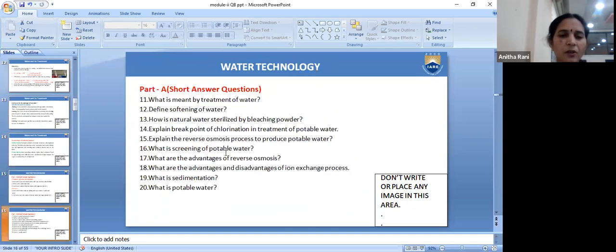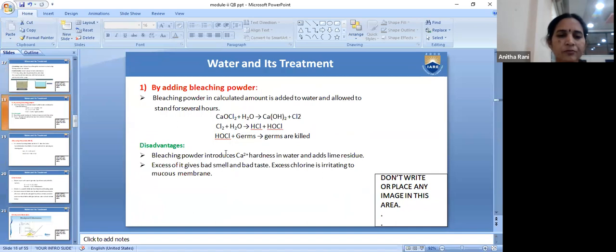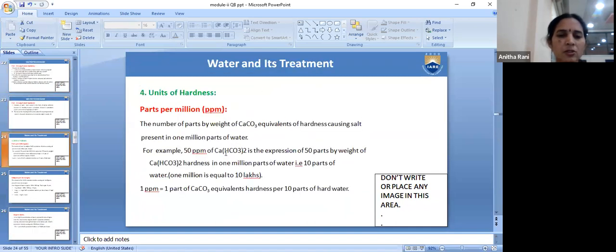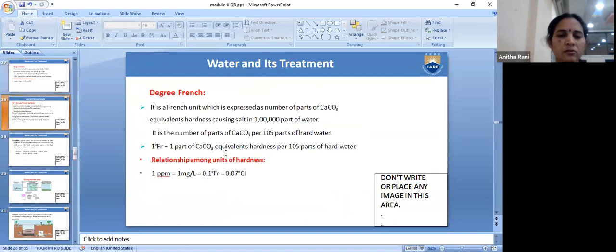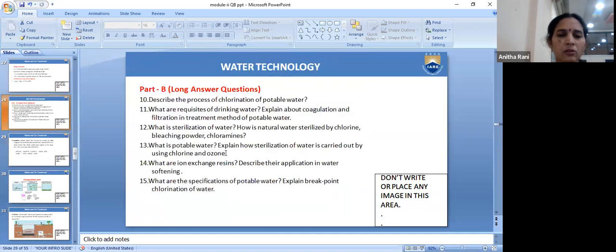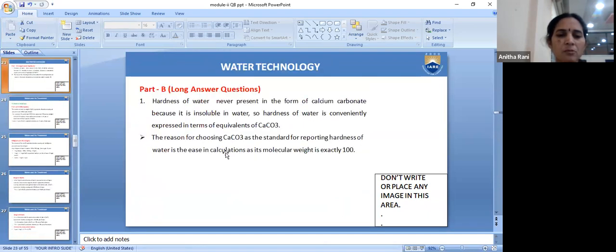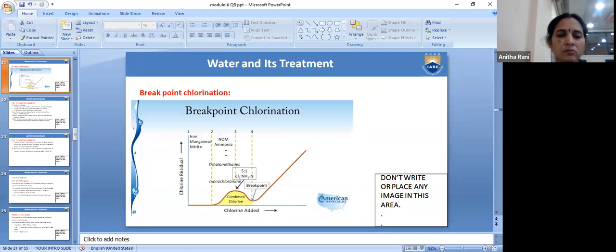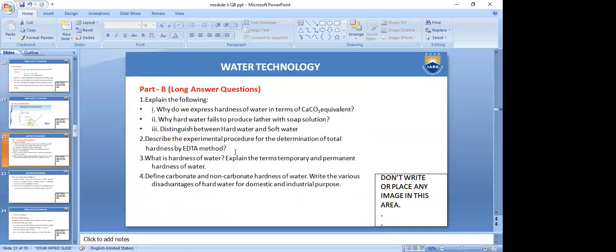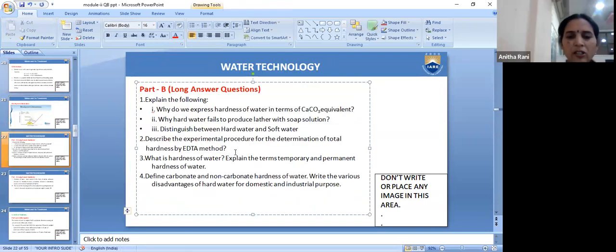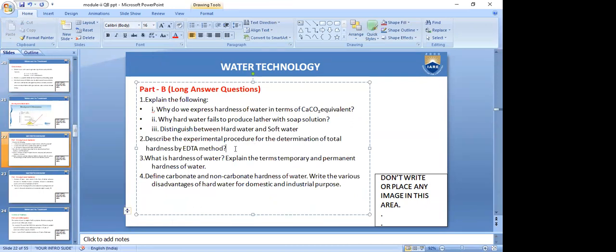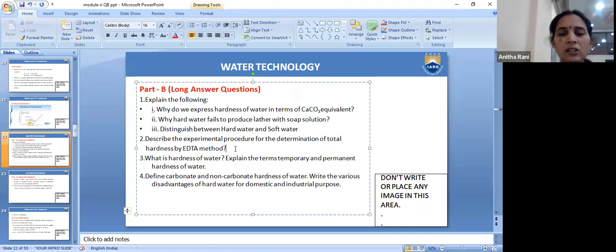What is the first step? There are 4 steps. We will find the molarity of standard hard water.